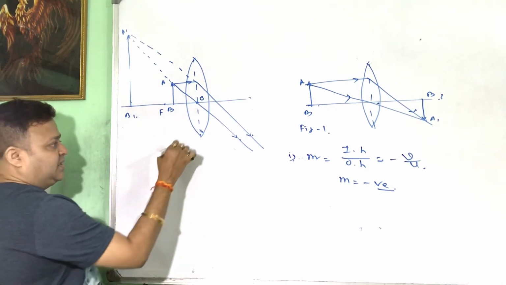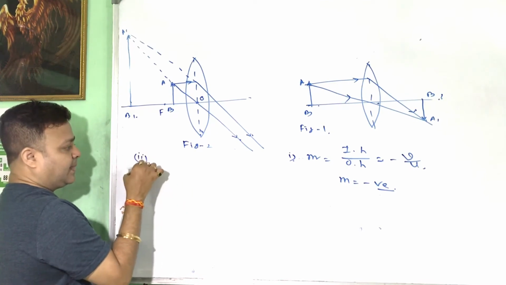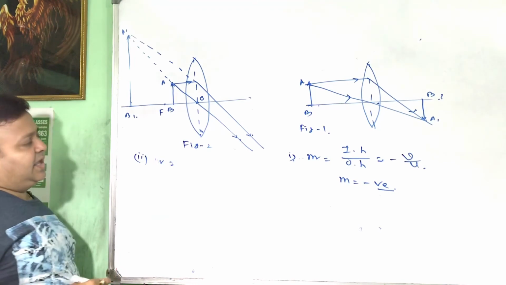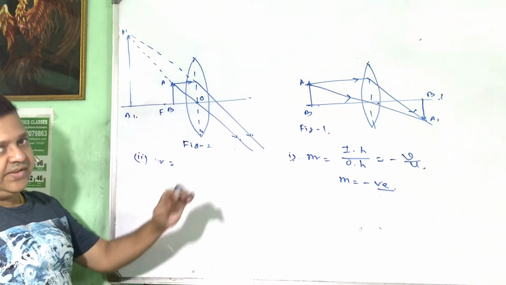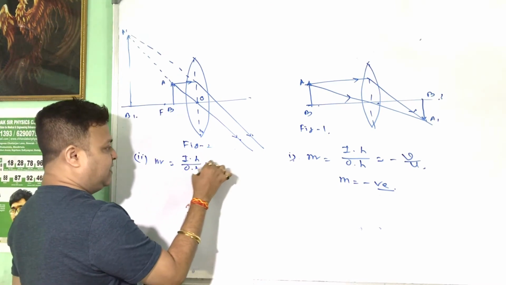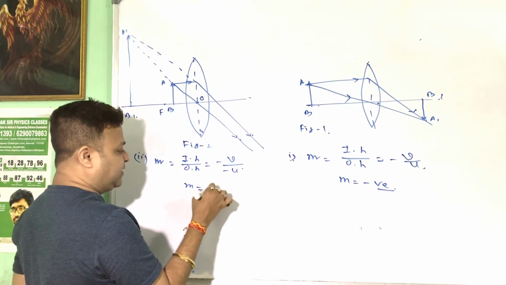When the virtual image is formed, that is figure number 2. It is an important diagram, keep it. Magnification: u is negative and v is also negative, that is image height by object height equals minus v by minus u, so magnification is positive.